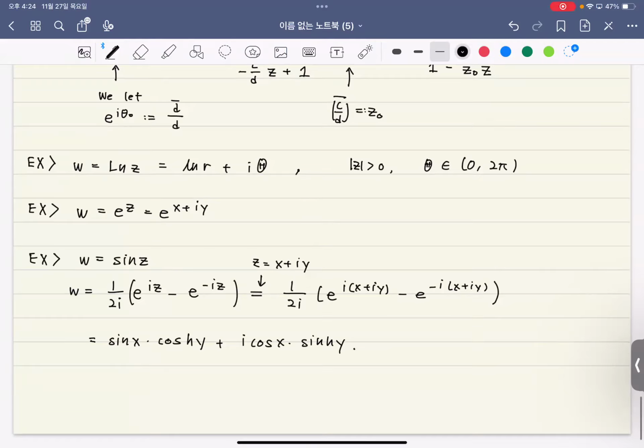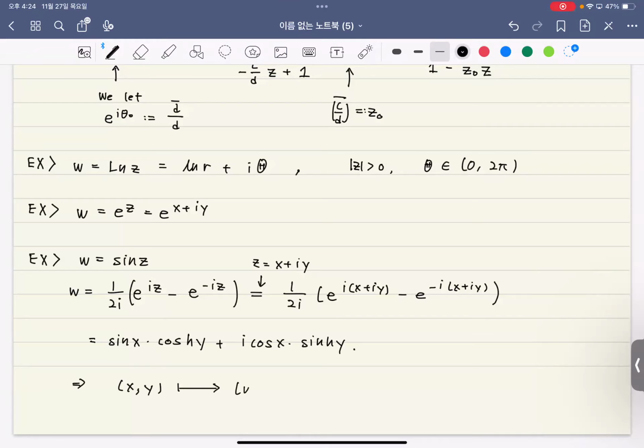So you might consider this function as a map from two-dimensional Euclidean space to another two-dimensional Euclidean space, such that x and y are mapped to sine x hyperbolic cosine of y and cosine x times hyperbolic sine of y.